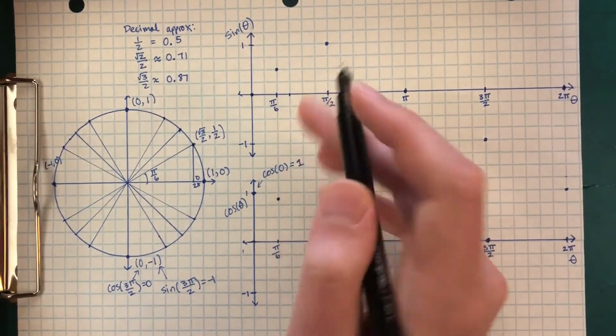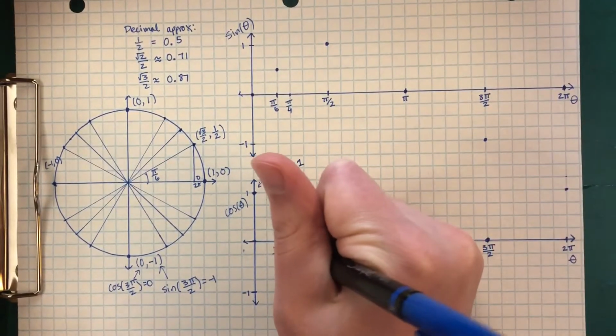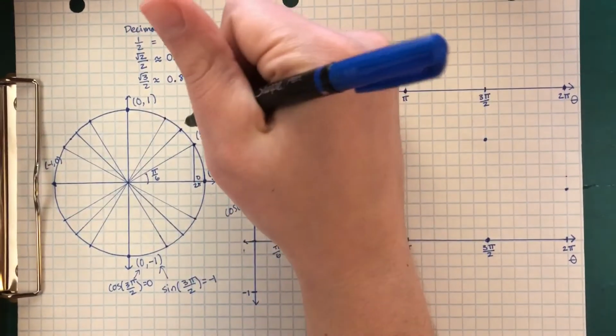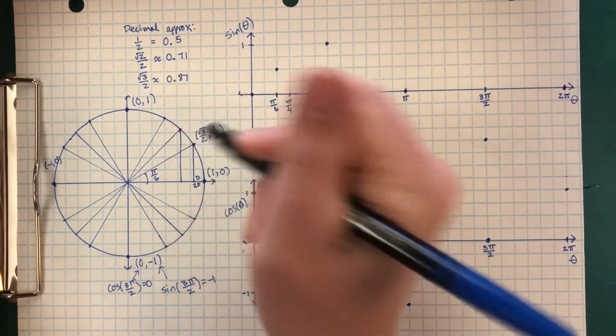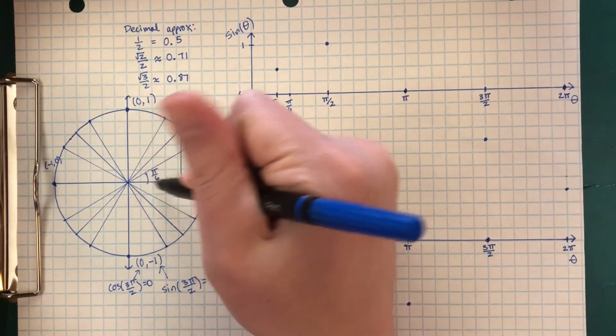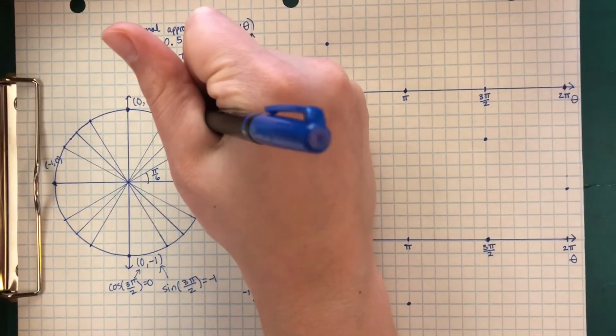So that's going to be 3 boxes in. Pi over 4. And if I were to draw in this reference triangle, these two sides should be the same length. They're both square root of 2 over 2.